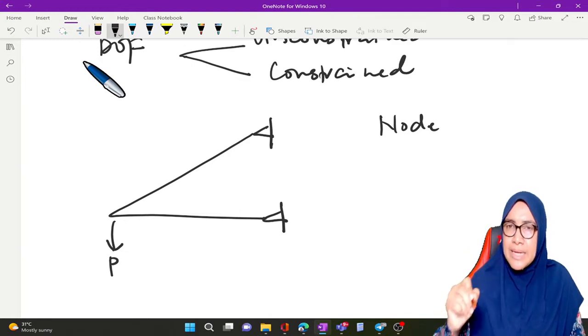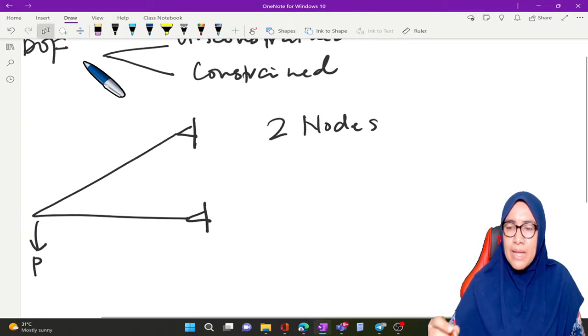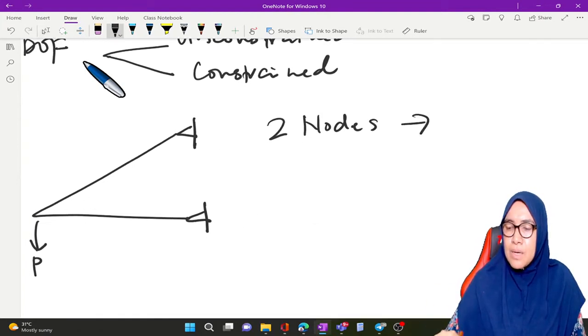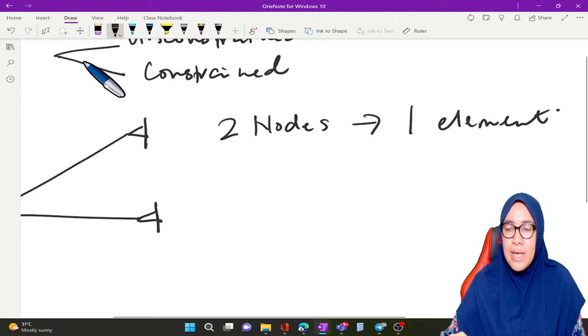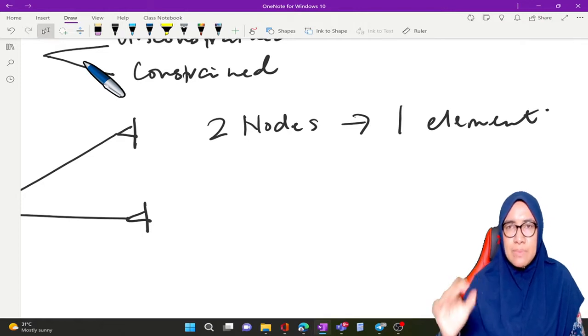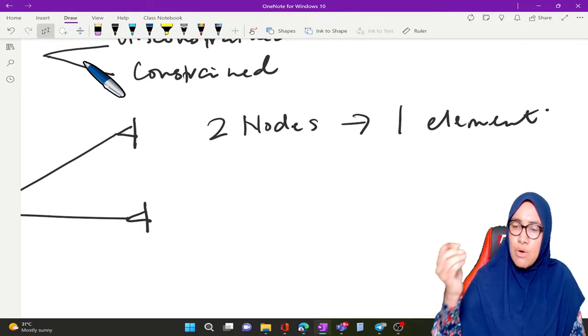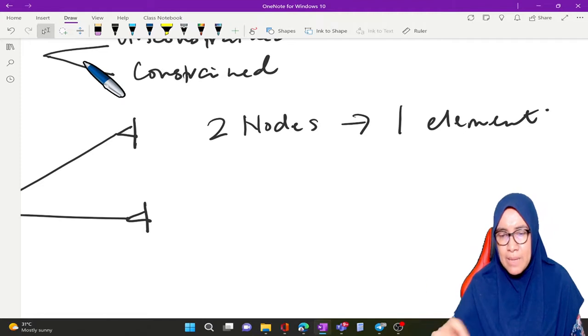When we combine two nodes, it becomes one element.